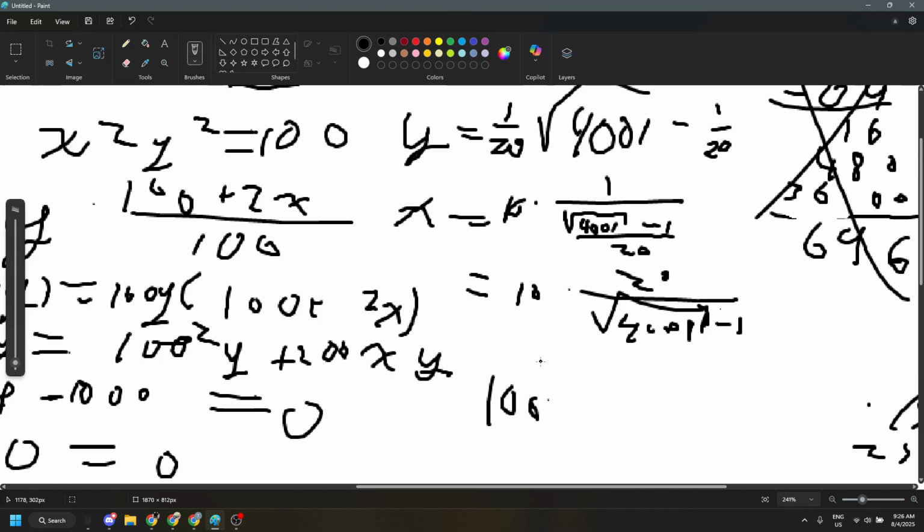Let me check. The answer is 2001. Writing the description of the system of equations is what I did, yes. So it gives you xy equals 10, and yeah, that's what I got.